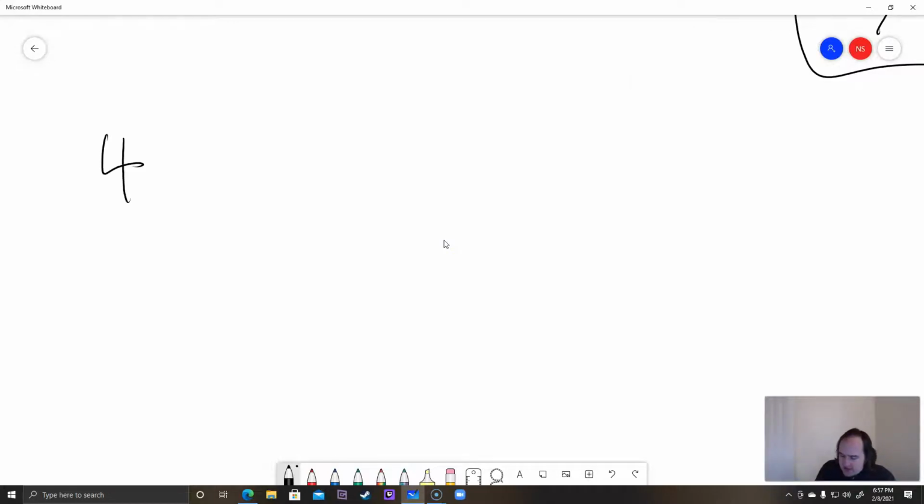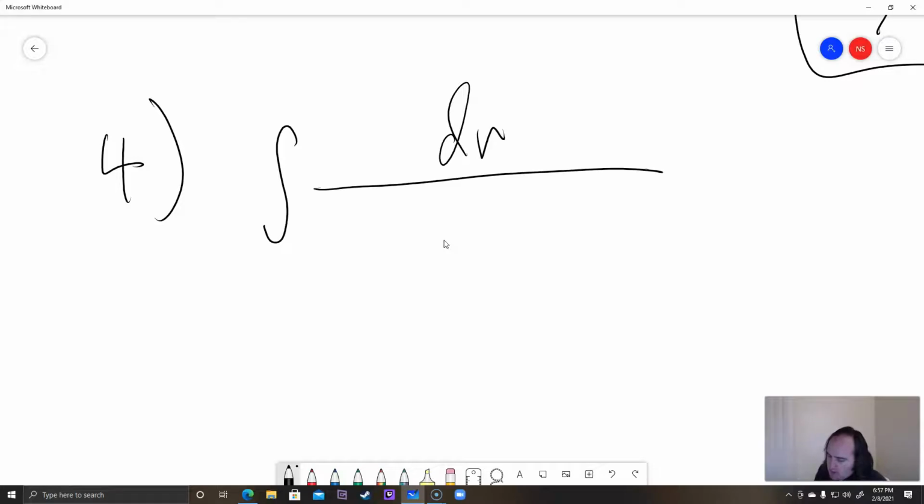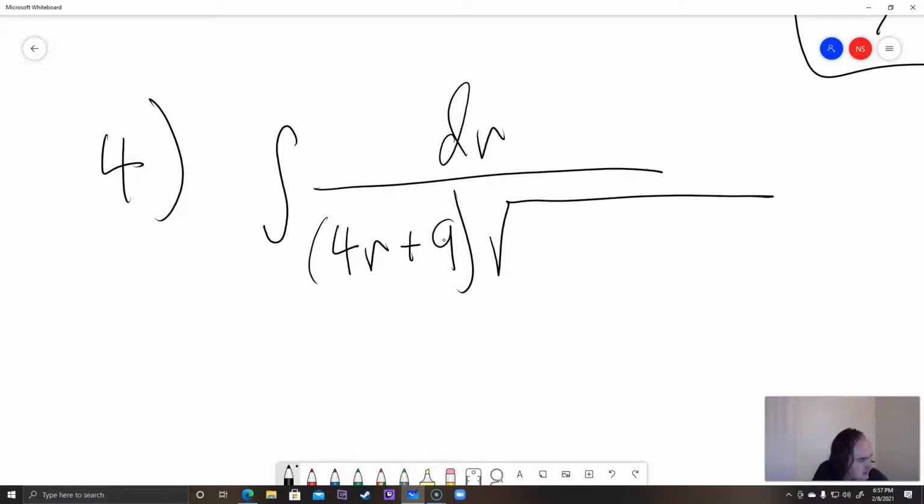Okay, so this is going to be example number 4. For this example, we're doing the integral of dr all over the quantity 4r plus 9 times the square root of the quantity 4r plus 9 quantity squared minus 16.